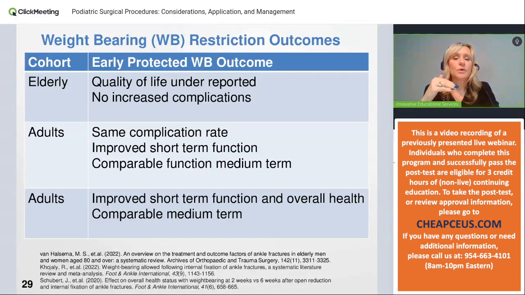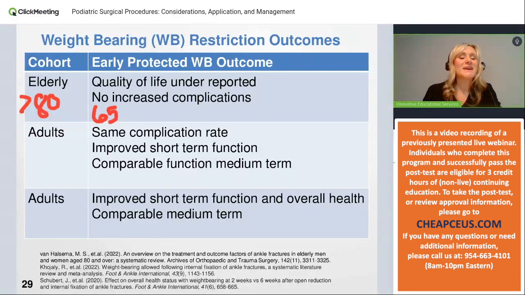Patients who underwent early protected weight bearing, the first study, they looked at elderly patients. They wanted to go with patients over 80, but they could not find enough of a cohort from multiple studies. So they went with patients over 65 and considered them elderly, which it's hurting me a little right now as that's getting a lot closer. We're going to say upper middle aged people because it's all about activity, right?